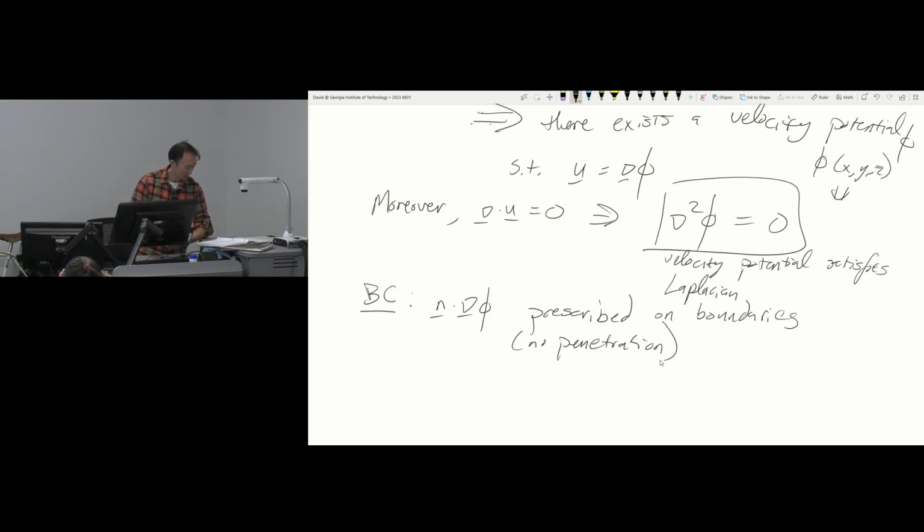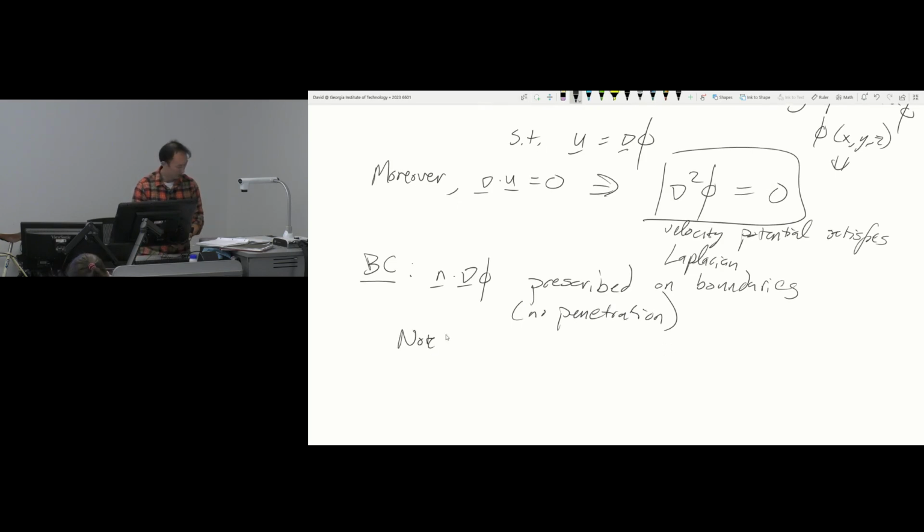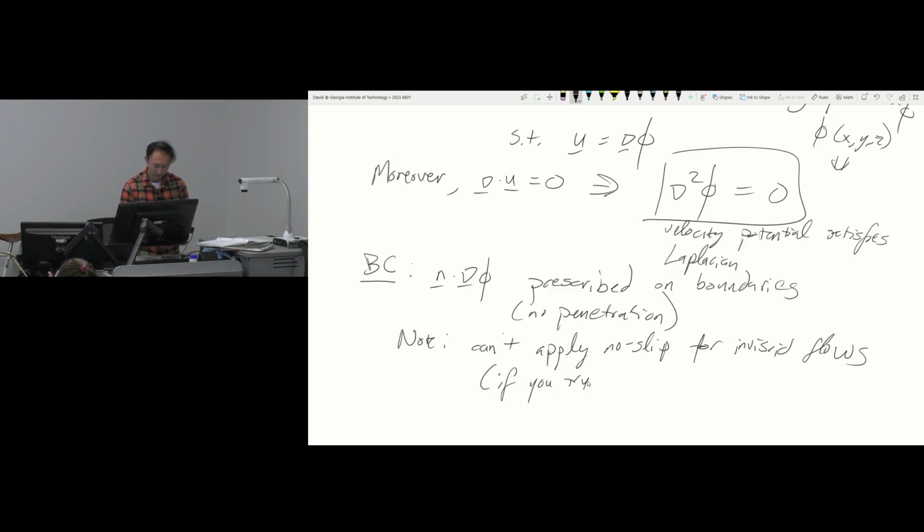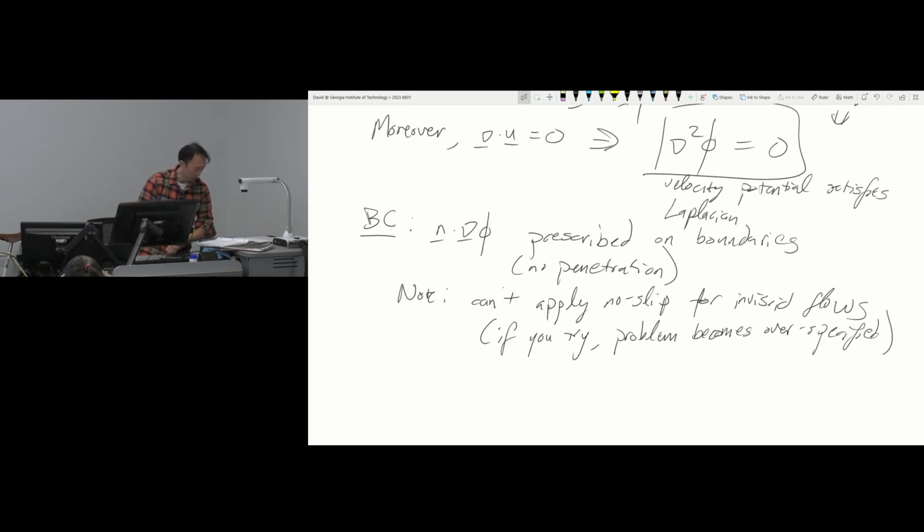But we don't have no slip anymore because we don't have viscosity. If you do that, then the problem becomes overspecified. So we're going to use the no penetration condition.